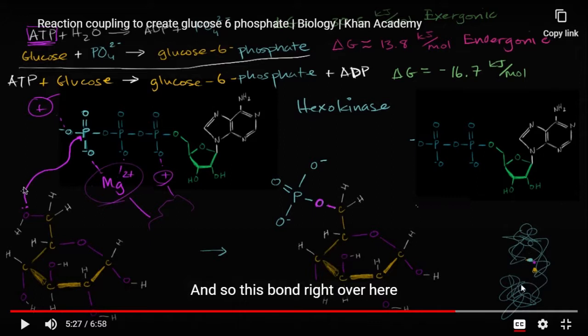Positive or negative charges would be lining that active site. Positive charges. So there'd be magnesium in here, and there'd be other R groups sticking out that would all be positive to neutralize the effect of all these negative charges on those phosphate groups and make it easier to break that phosphate off.